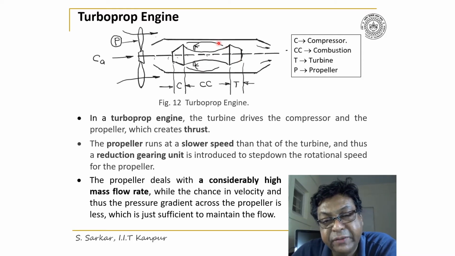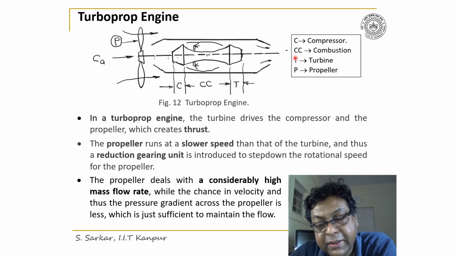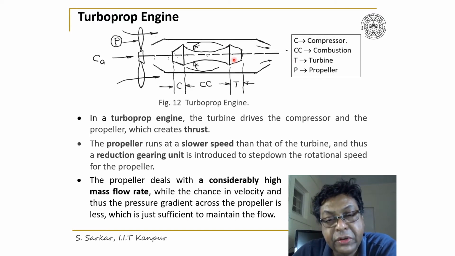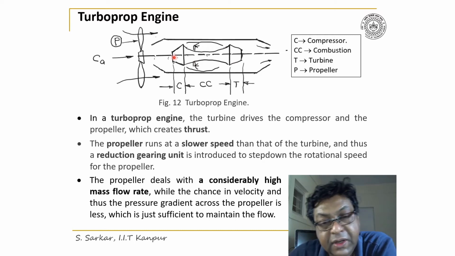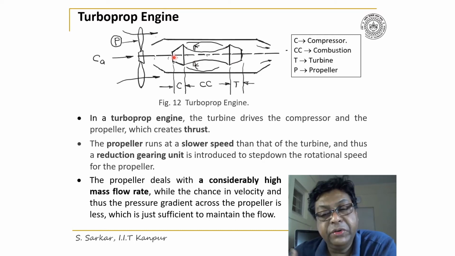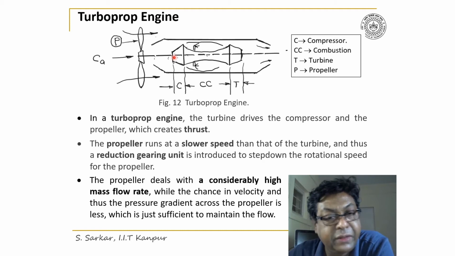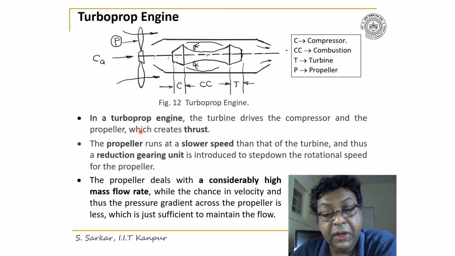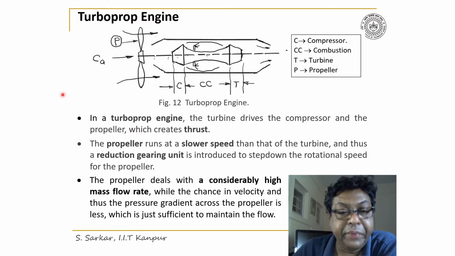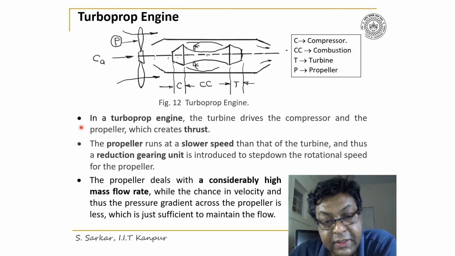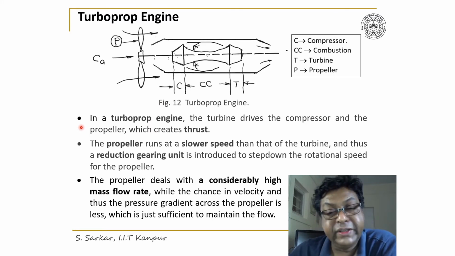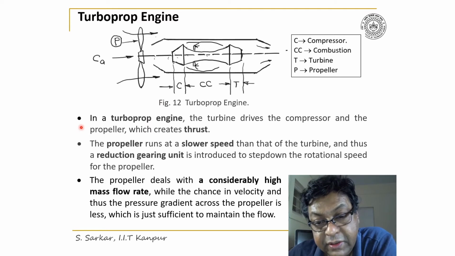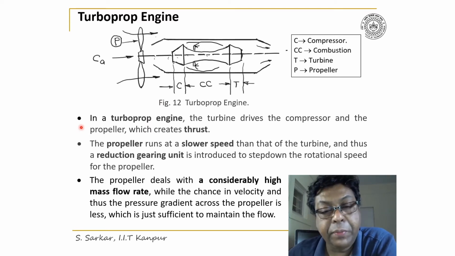Compressed gas is expanded in the turbine that produces the work which drives the compressor and the propeller. And the main propulsive thrust the engine gets is from the propeller. Thus, in brief, in a turboprop engine, the turbine drives the compressor and the propeller, which creates thrust.